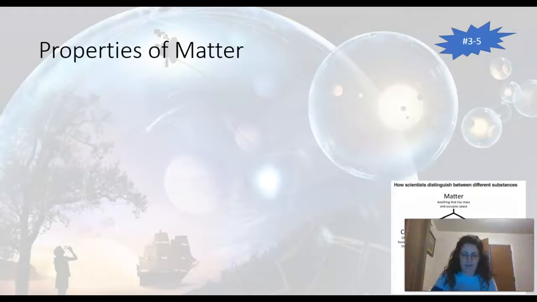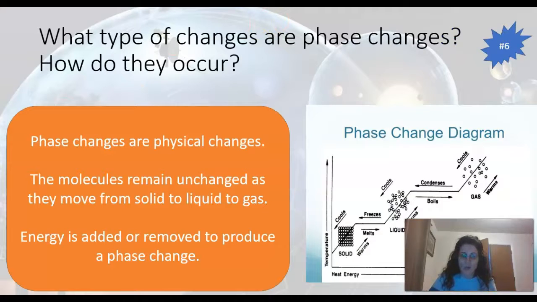I have matches. I have a paper clip. So let's look at how matter can have physical or chemical properties involved in it. So you'll see a video on your lesson material that will help you work through that.